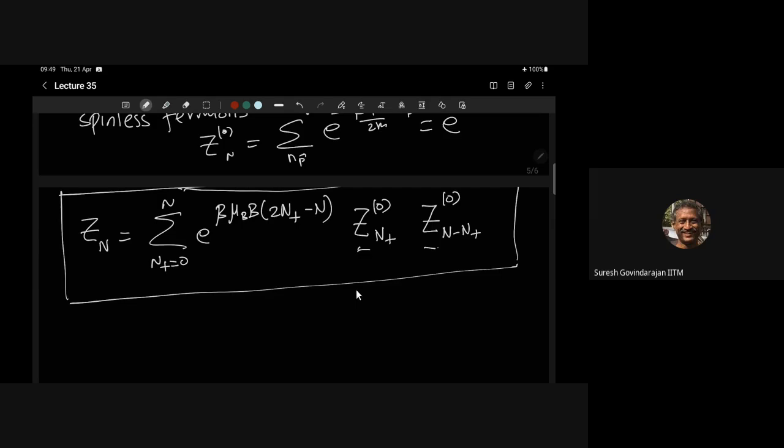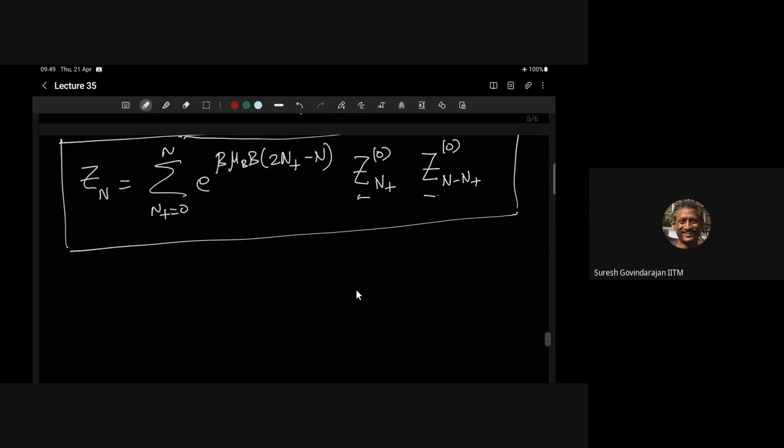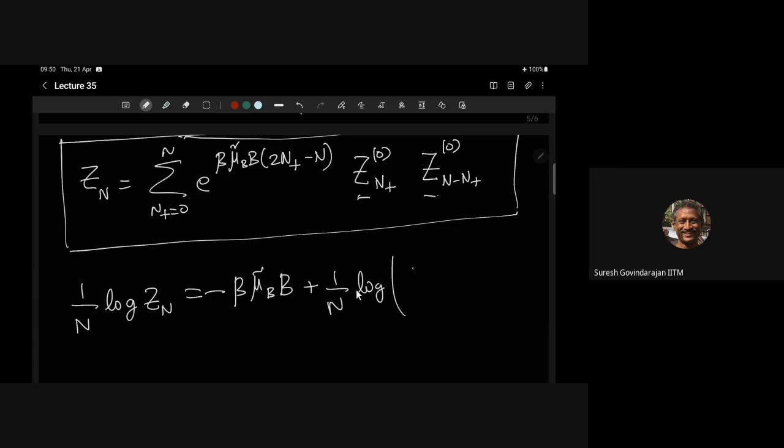So, okay. So now we have to compute Zn, and so how do we compute it? More than that, we just want to compute actually 1 by n log of this guy. So suppose we want to compute 1 by n log of Zn. Okay. So I'm just taking out this n-dependent piece out here and putting it there.